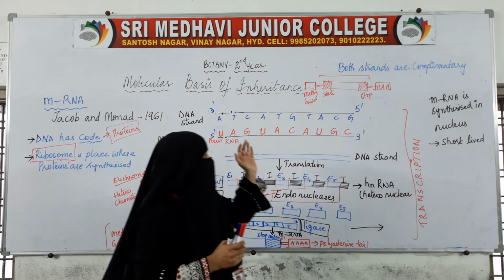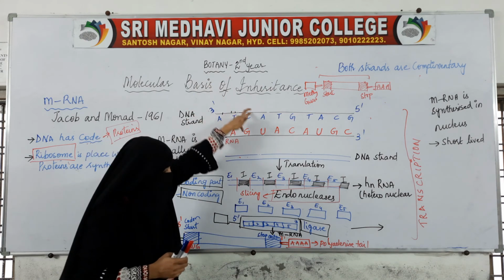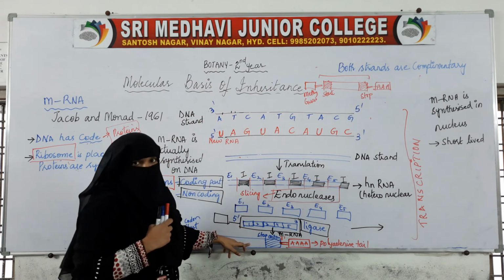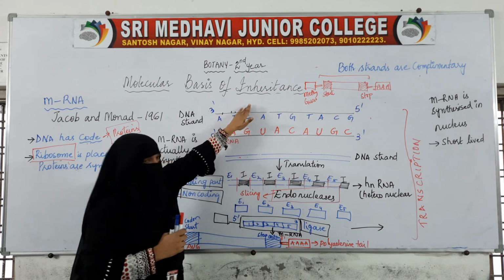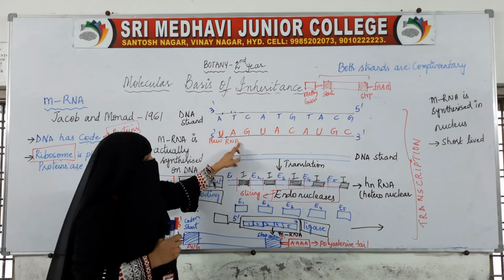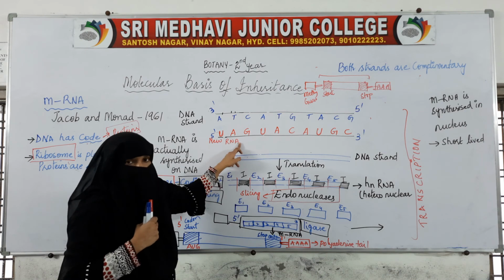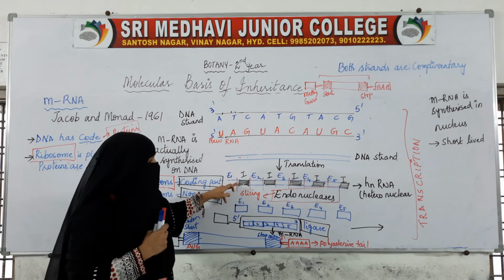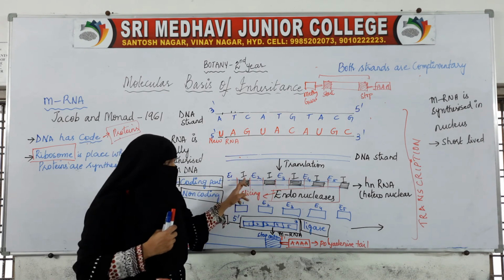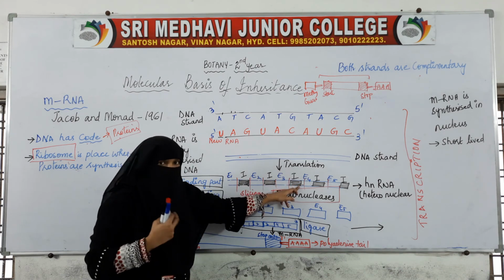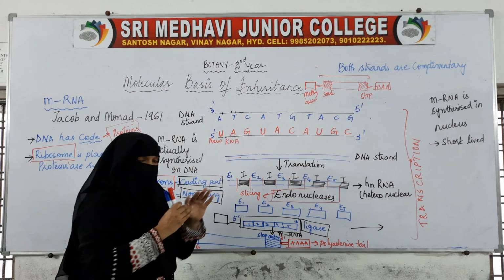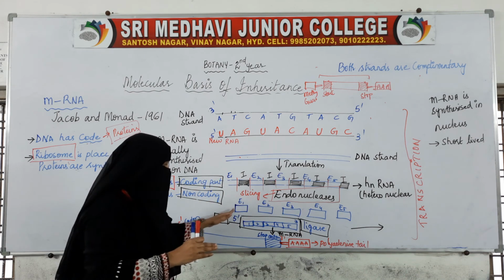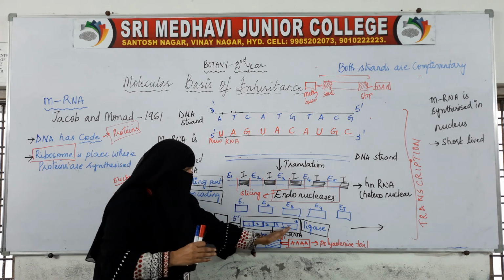Now the formation of mRNA from DNA with the message, this whole process: DNA will be there, on this DNA a new RNA strand will be made, and this RNA strand will have all the information, the coding part as well as the non-coding part from the DNA. Then splicing will be done, non-coding parts will be removed, coding parts will be joined together.